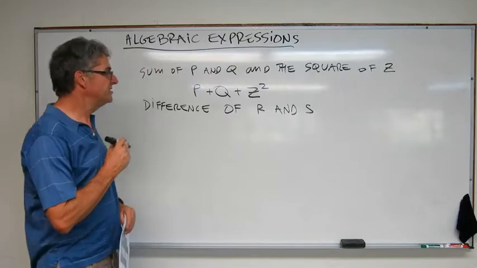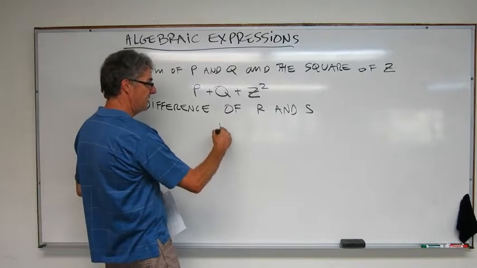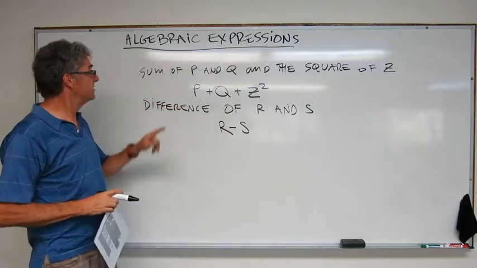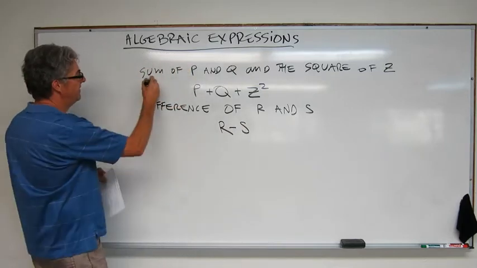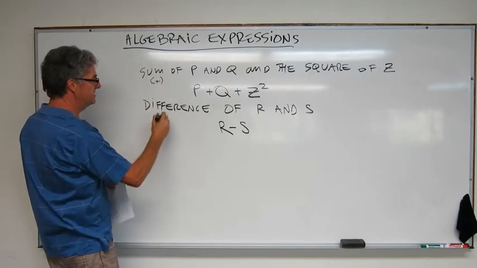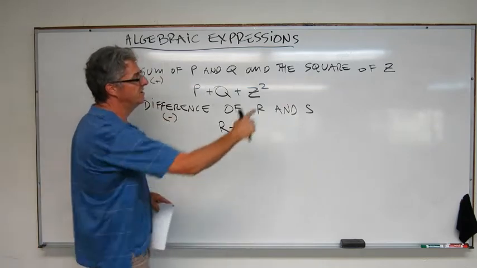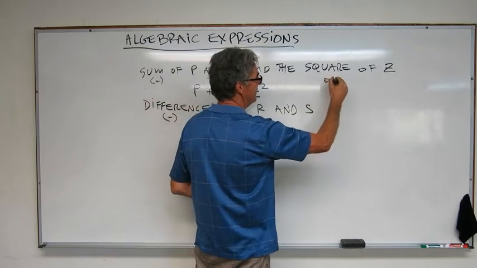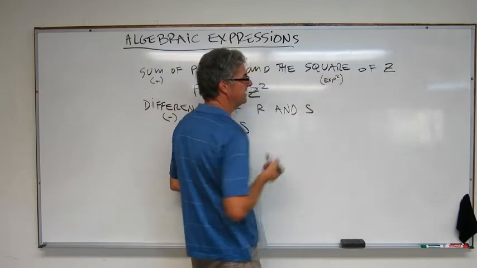Okay, the difference of R and S is just R minus S. Okay, so keywords. Sum is addition. Difference is subtraction. Square is an exponent. I'll put little squared like that. Okay?